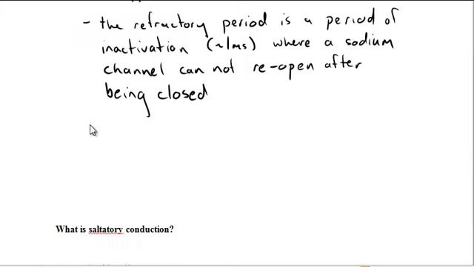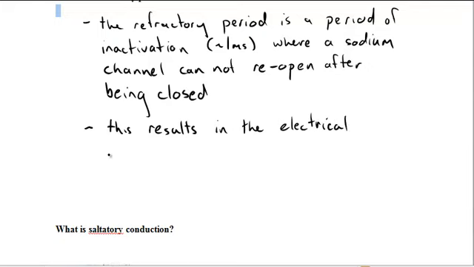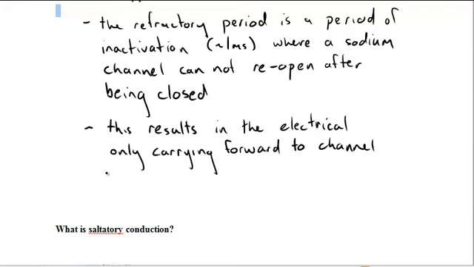So once the membrane potential reaches positive 40 millivolts, causing the sodium channel to close, it can't immediately be reactivated or reopened. This results in the electrical signal only carrying forward to channels that have yet to open.